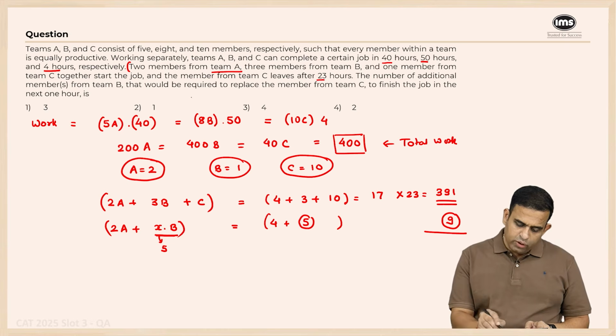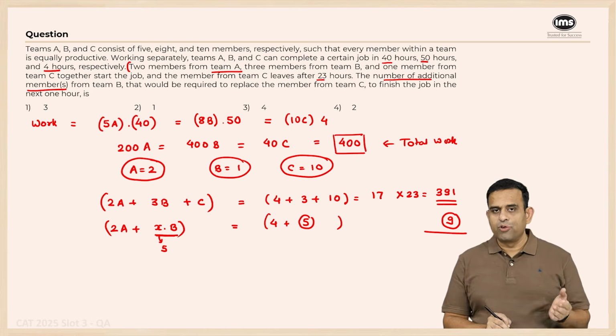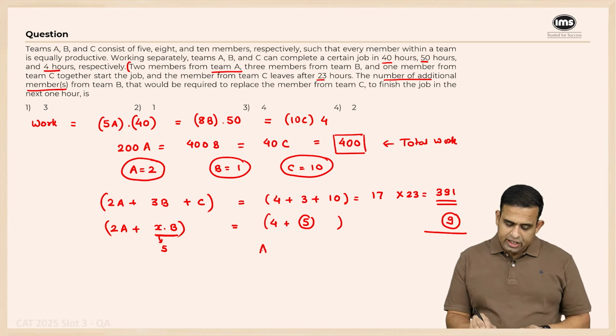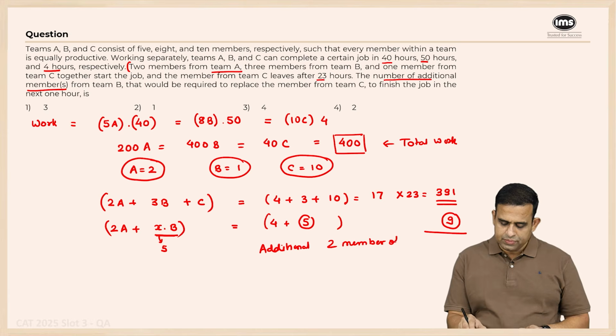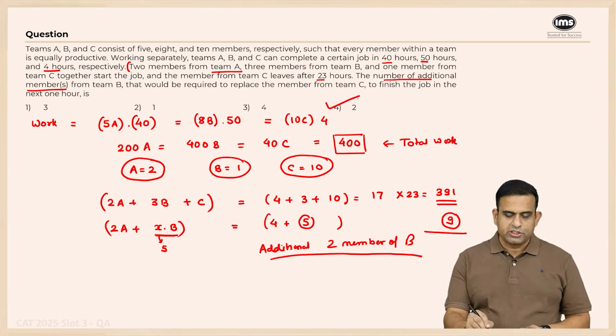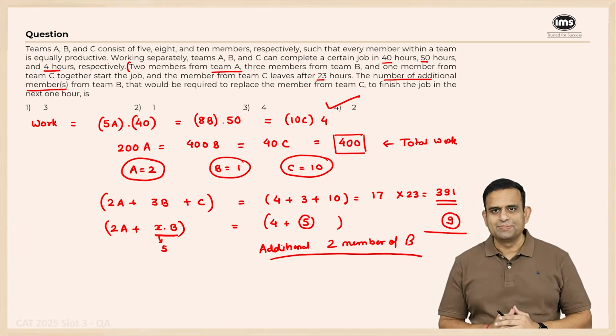So look at the word, number of additional members. From 3 members of B, I now need 5 members of B. We need 2 additional members of B. So the required answer for this question would be option number 4.